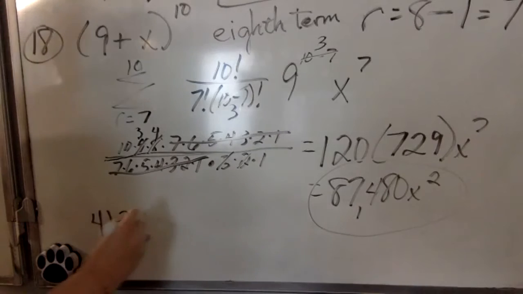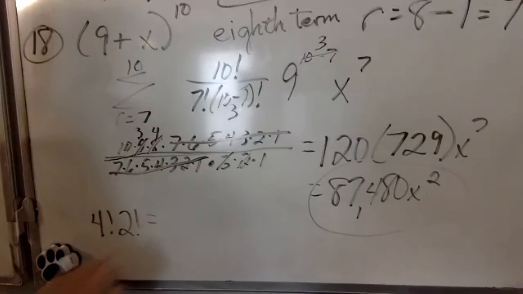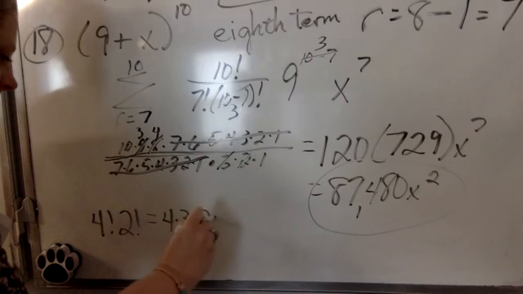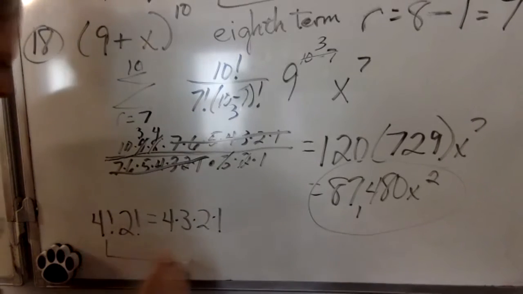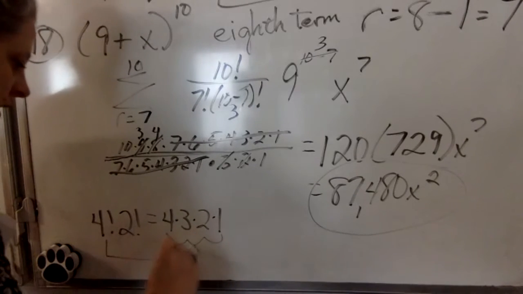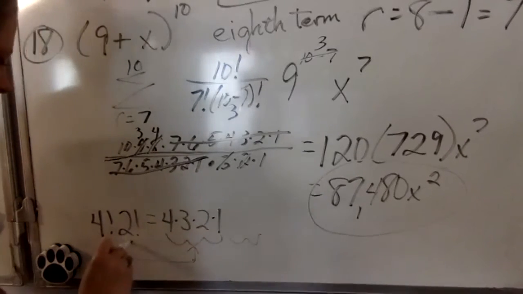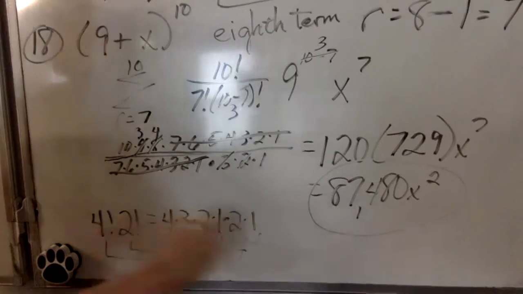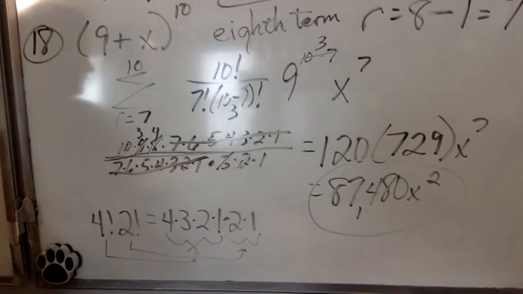So basically that means when two things are right next to each other, it means multiplication. So you have 4 times 3 times 2 times 1. That's that part. And then the other part will be 2 times 1. And you just multiply all that together and get the answer.